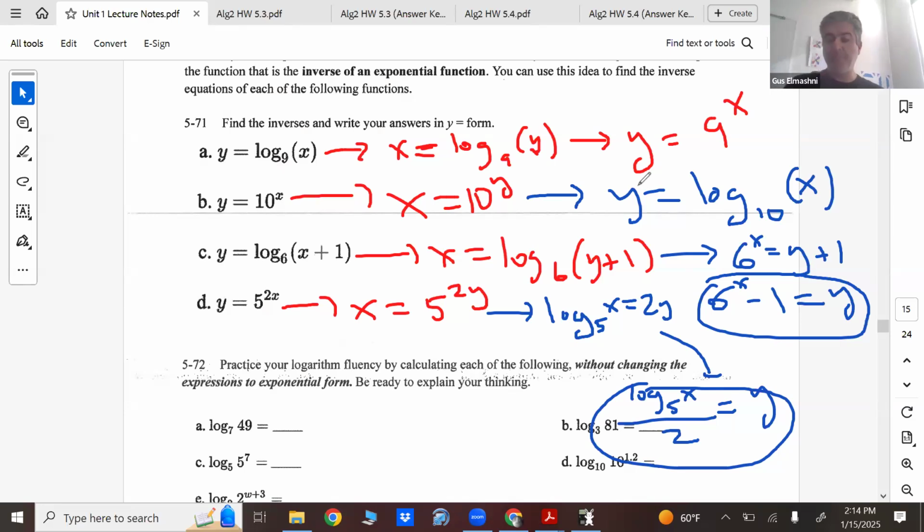Correct. Yes, x is the input of the log. It's in parentheses, actually. So yeah, that's how we do it.